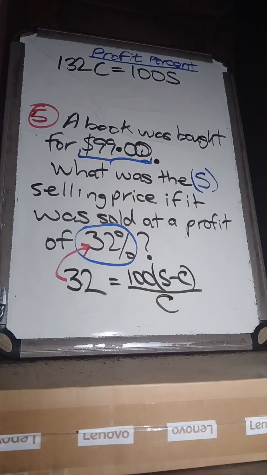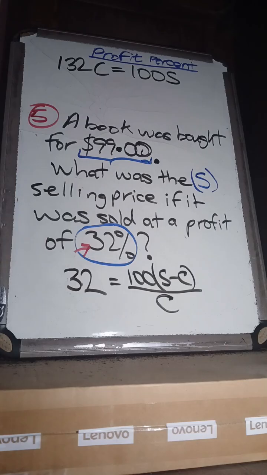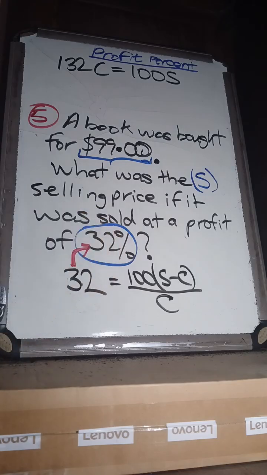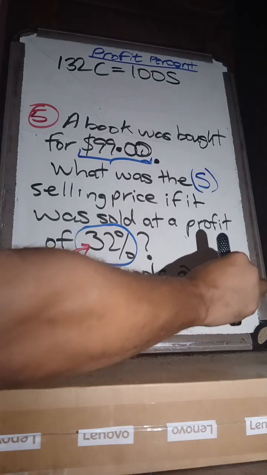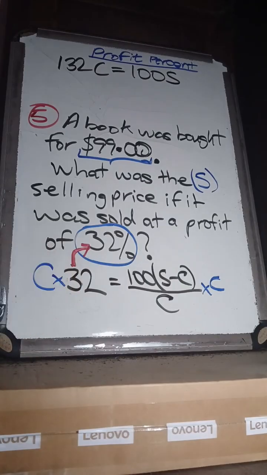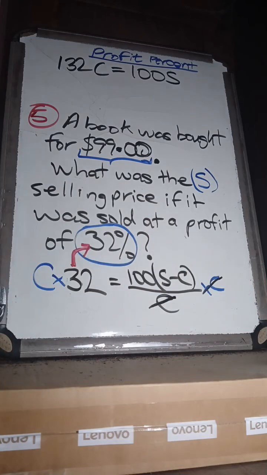Now that I have that, I can multiply both sides by C. Let me do that and see what happens. If I multiply this by C and this by C, I end up with 32C equal to 100 times S minus C. Right?